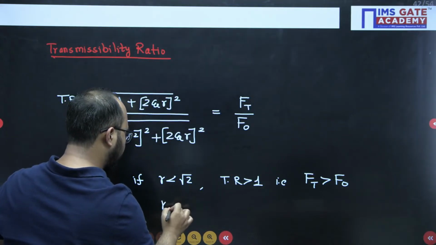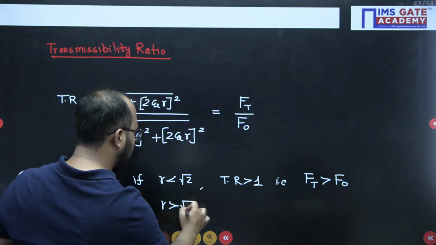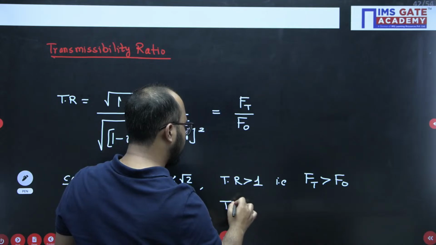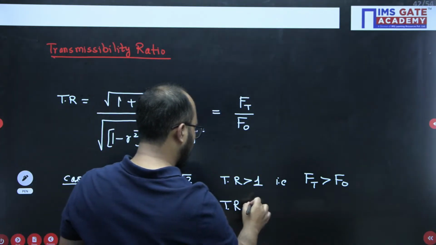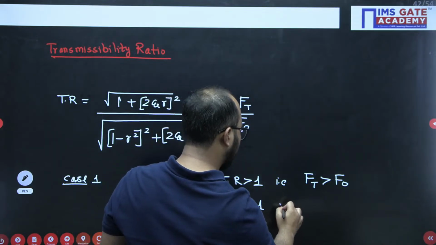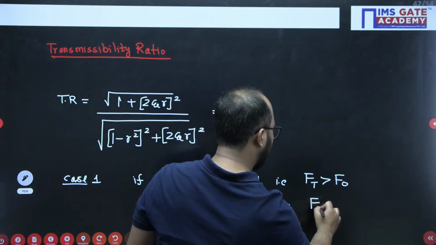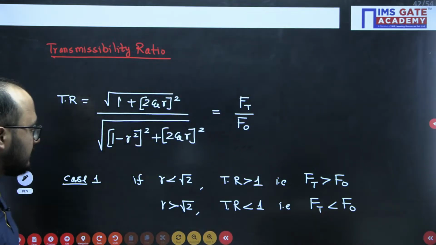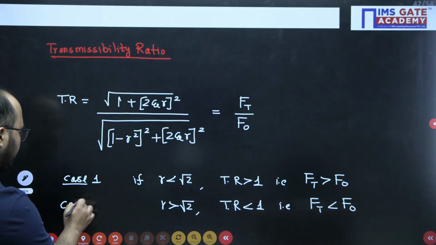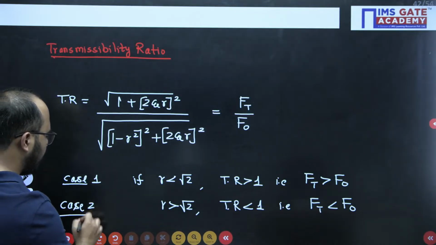And if R value is greater than root 2, then transmissibility ratio is less than 1, that is, force transmitted is less compared to F naught. Clear? So this is very important. So you should directly remember case 1 and case 2.